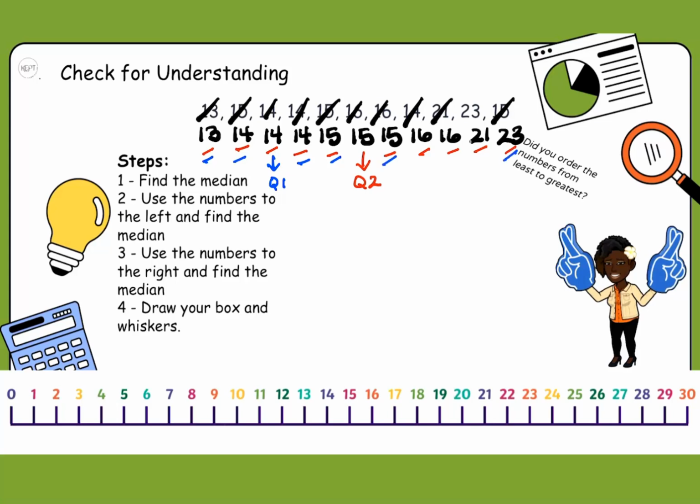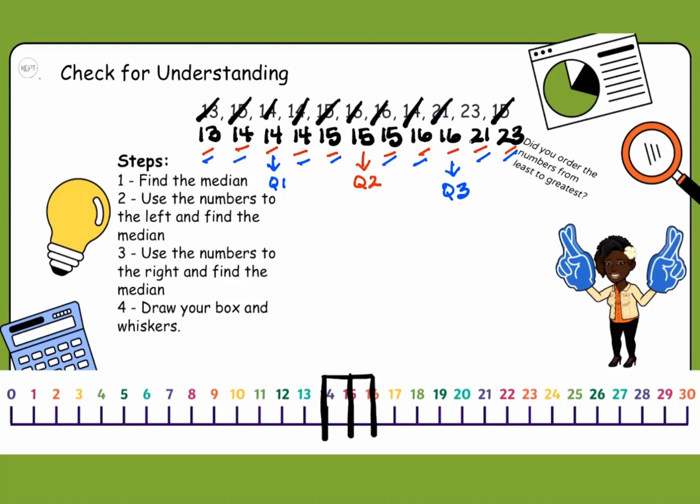Lowest, highest, lowest, highest. Our Q3 is 16. Now we can put that information on our number line. We have our Q2 at 15, our Q1 at 14, and our Q3 at 16.